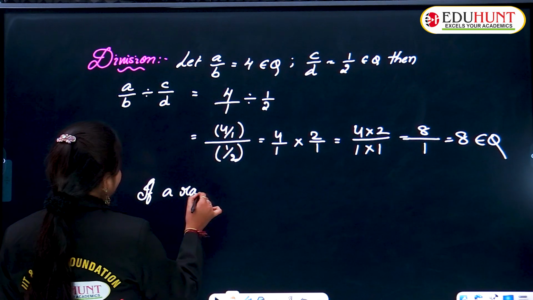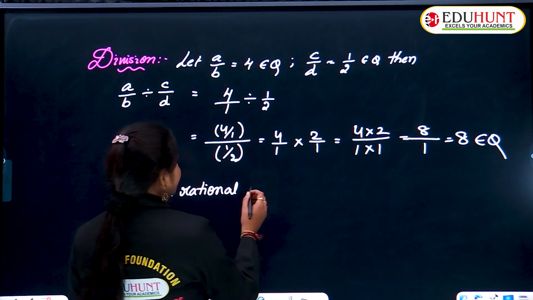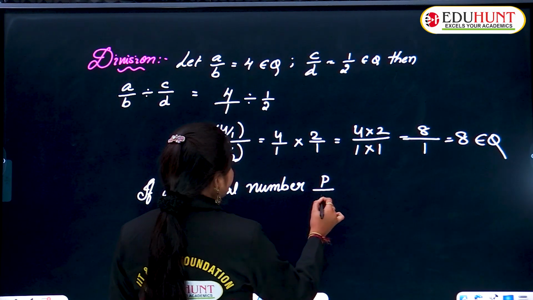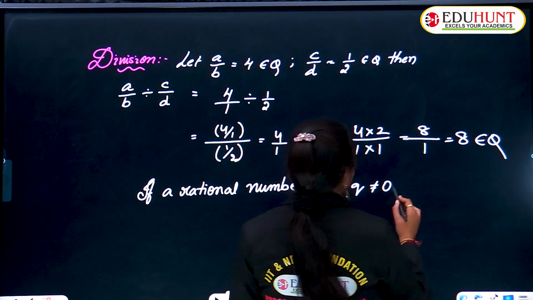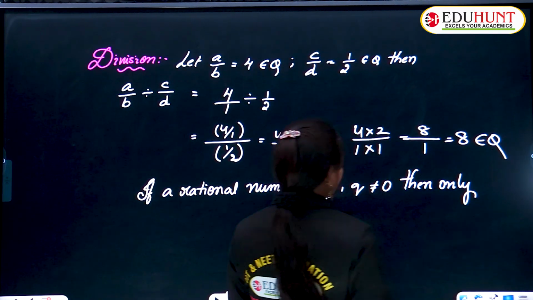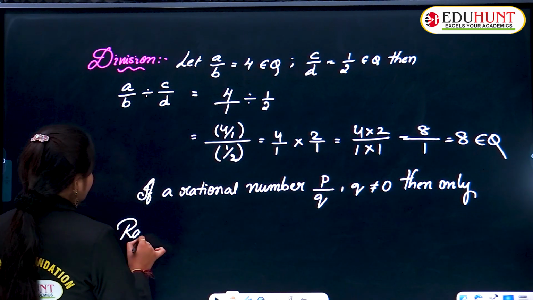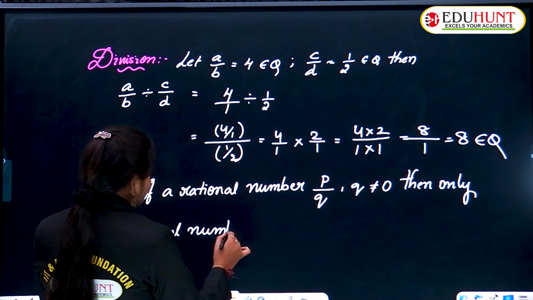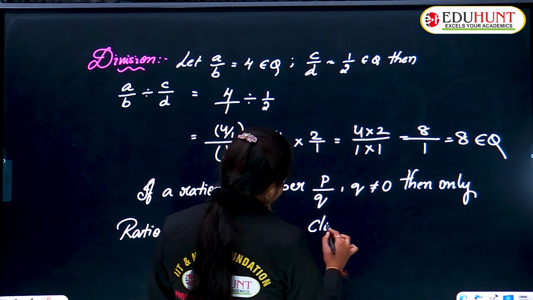If a rational number p by q, q not equal to 0, then only rational numbers are closed under division.